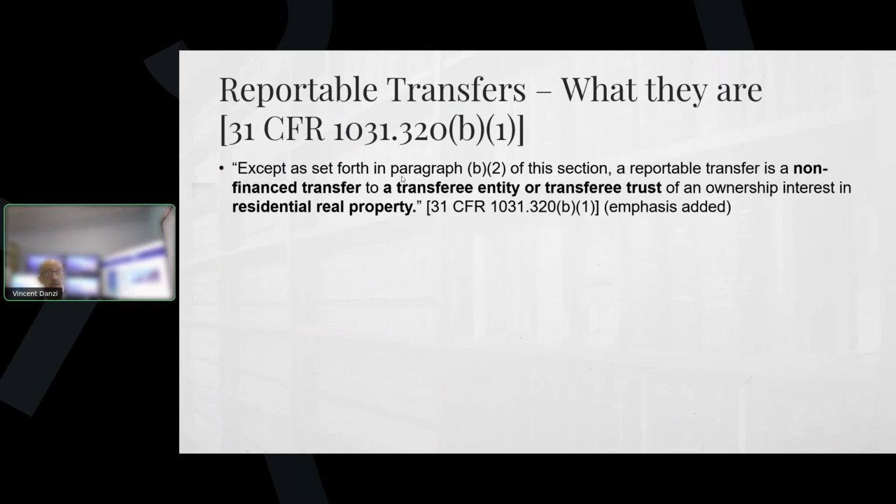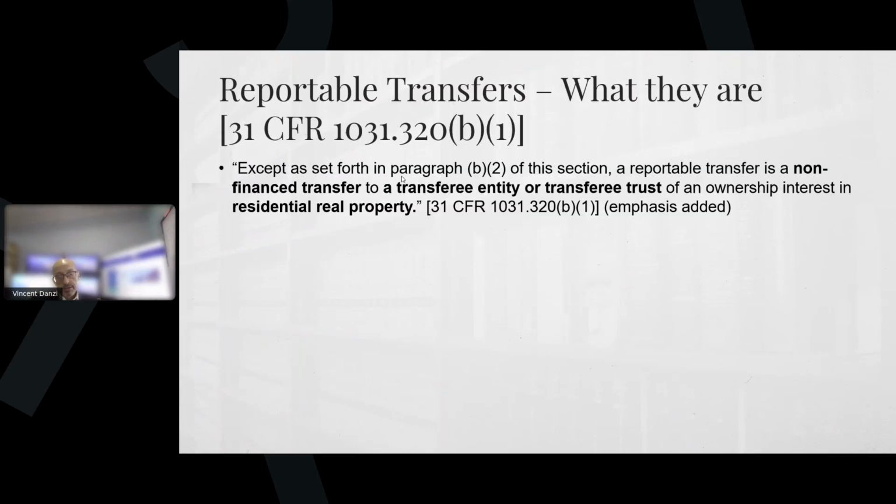And that's what Scott Bessent did. He, really at the last minute, issued an interim rule where he said domestic entities would not have to report the beneficial ownership information as part of the Corporate Transparency Act. That's still in effect. That exemption still exists, but it is different from the residential real estate rule.